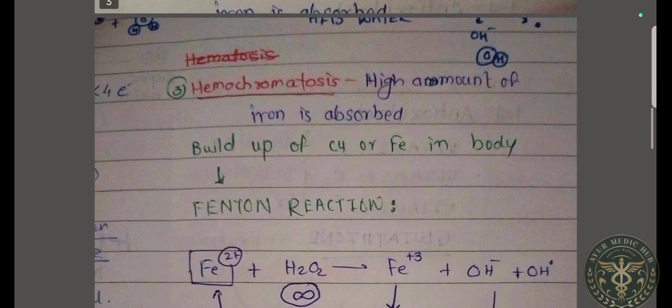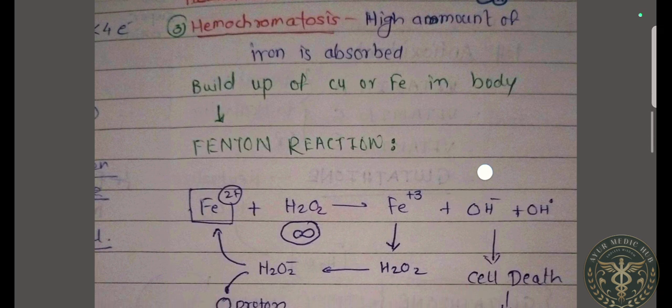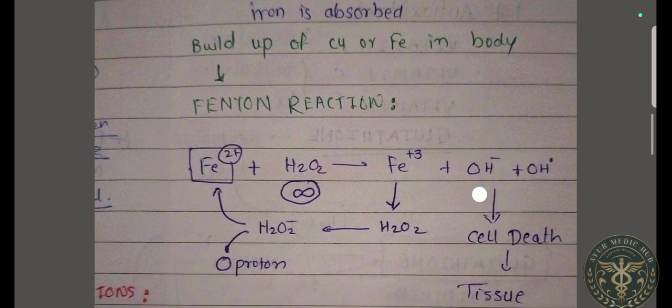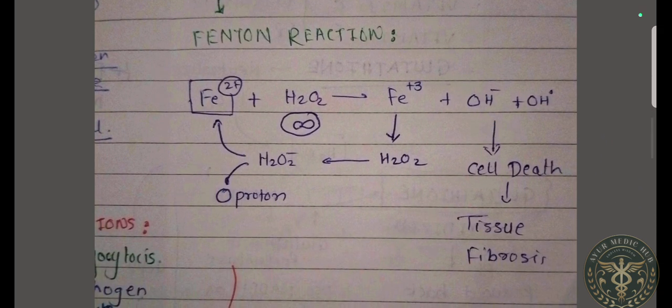Another way is hemochromatosis. When a high amount of iron is absorbed, the buildup of Cu or Fe in the body triggers the Fenton reaction. The Fenton reaction is Fe2+ combining with hydrogen peroxide, forming Fe3+, OH minus, and OH free radical.